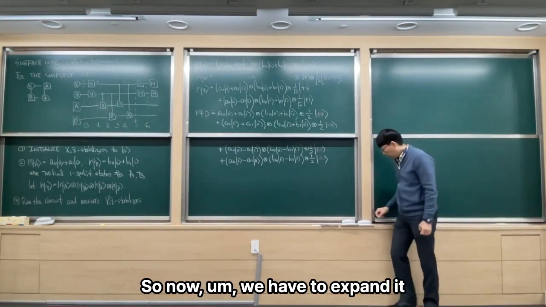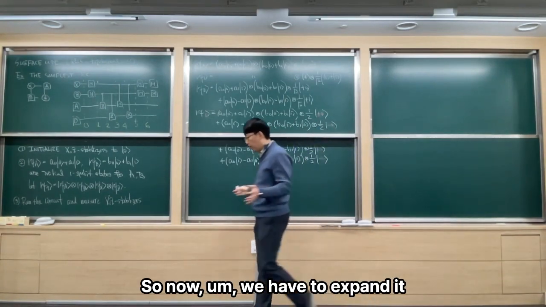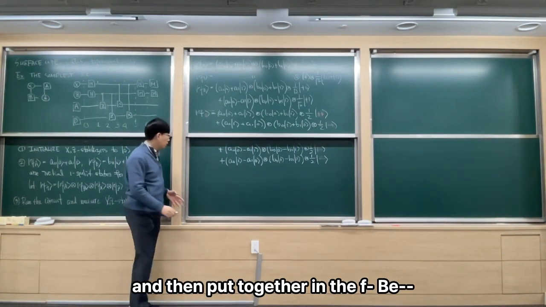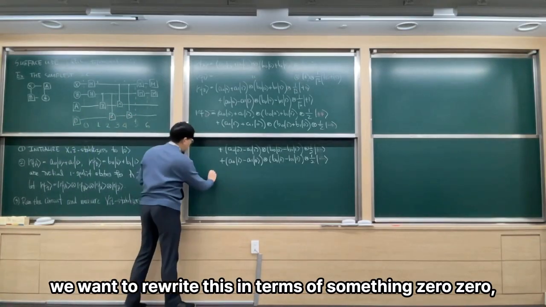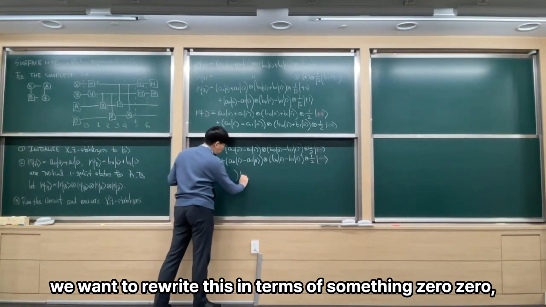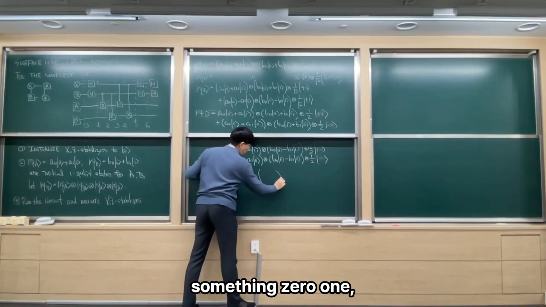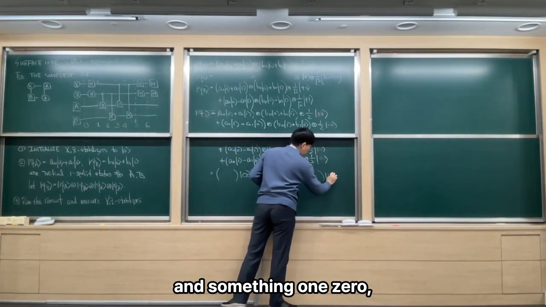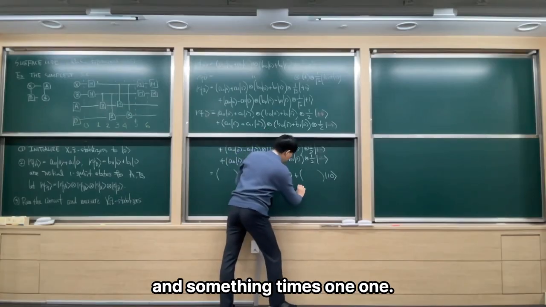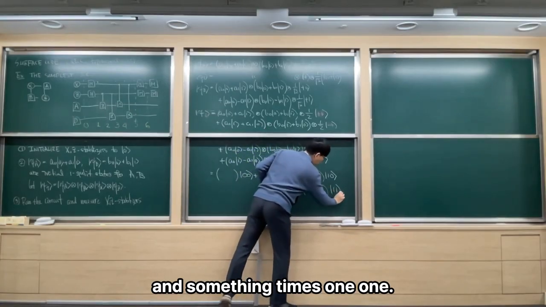Okay. So now we have to expand it and then put together. So just before the measurement, we want to rewrite this in terms of something times 0 0, something times 0 1, something times 1 0, and something times 1 1.